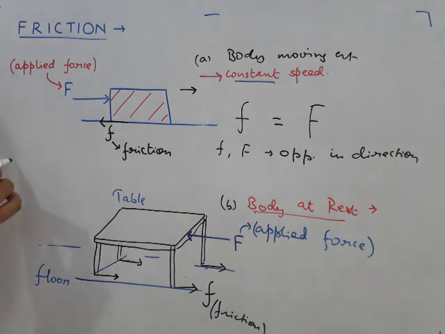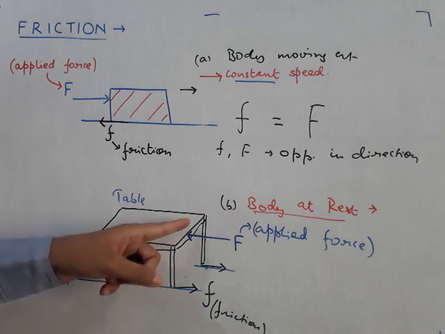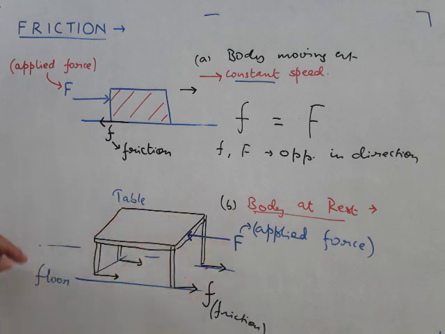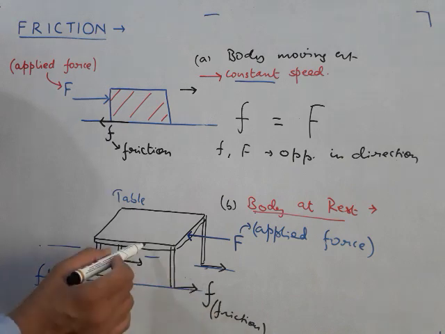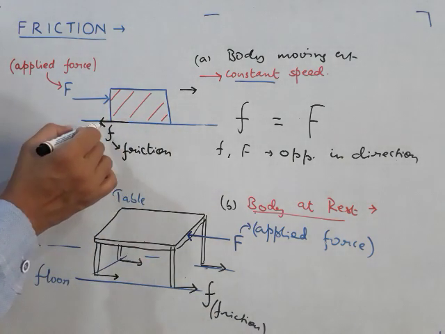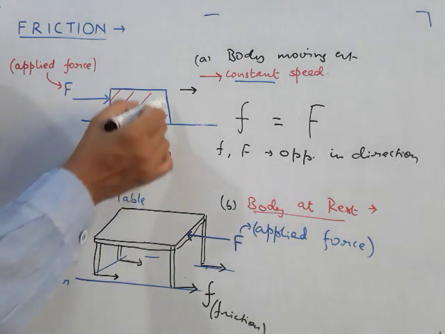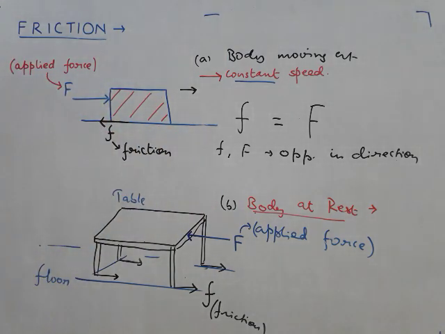Whenever an object moves or tends to move in a particular direction, suppose there is a body at rest, then think in which direction it has a tendency to move. For example, this table has a tendency to move towards left, then frictional force will be towards right. So this is a very important parameter, students, that frictional force always tries to oppose relative motion between two bodies. This frictional force is opposing the motion of the table on the floor. This frictional force is opposing the motion of this block on the ground, and so on.